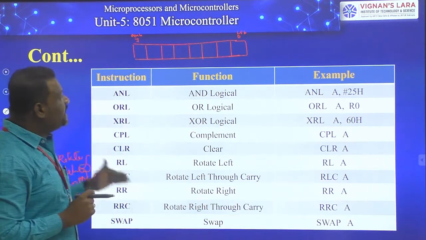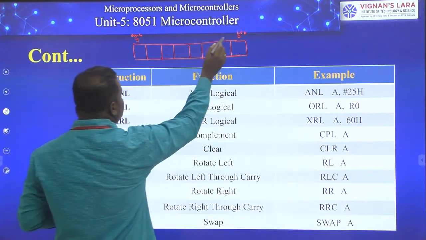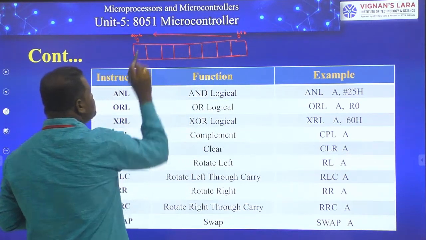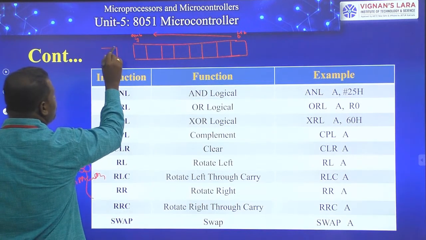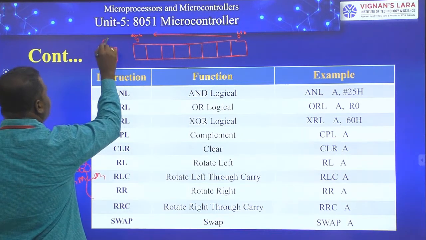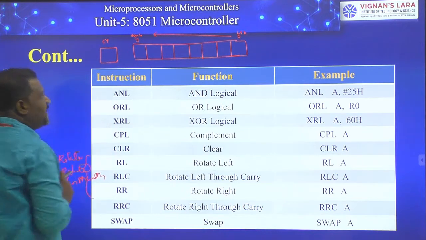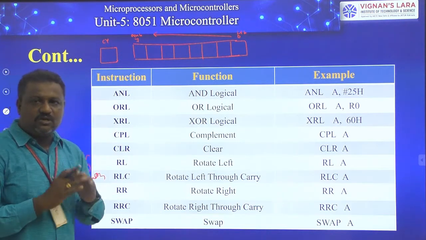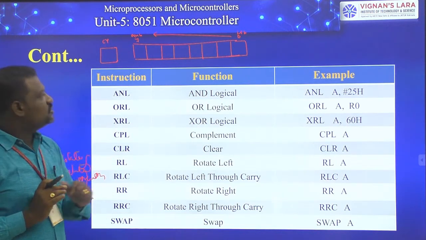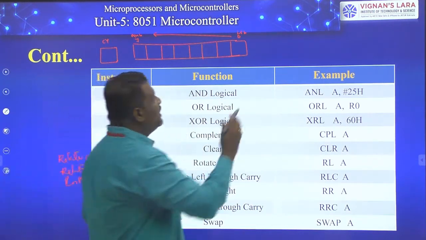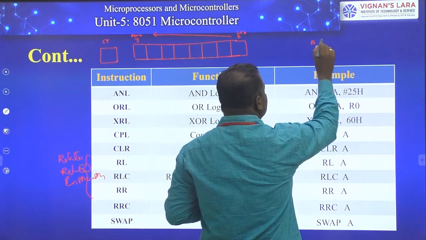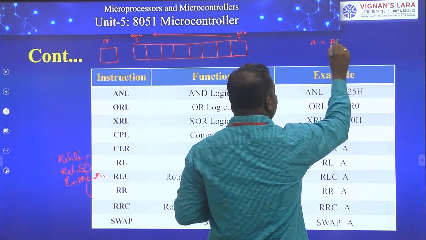So in rotate left, the bits are moving from LSB side to MSB side. Beside the MSB, we may find a carry flag, because RL means rotate left without carry. Before execution of my RL space A, I assume the value ADH.